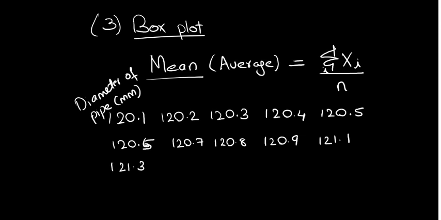Okay, 1 2 3 4 5 6 7 8 9 10 11. I missed some number. Okay, 120.9 is repeating. 120.9 and 121. So the number of observations, the number of samples here, is actually 12.